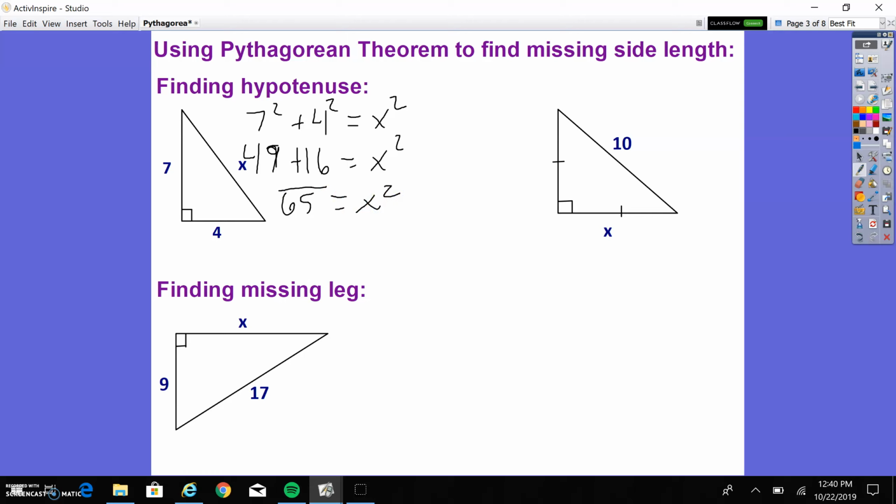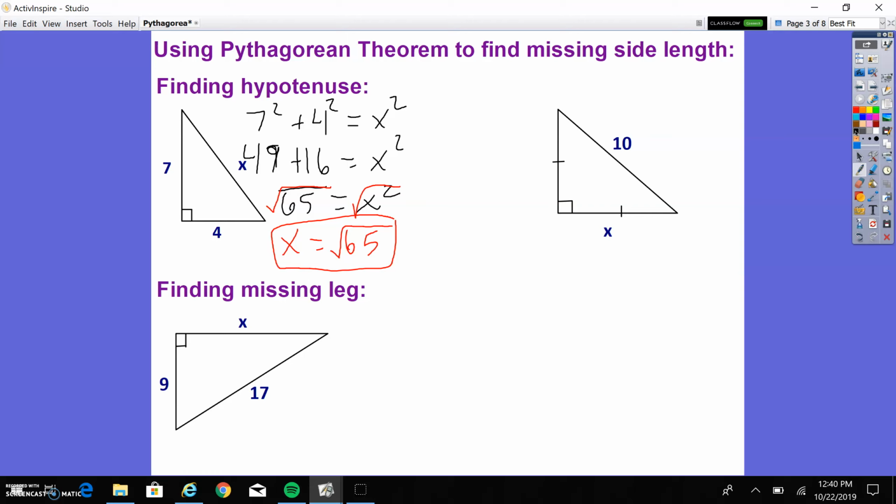To undo the squared, I need to take the square root. So I'm going to take the square root on both sides, and I get x equals the square root of 65. I can't simplify 65. It has no perfect squares that go into it.